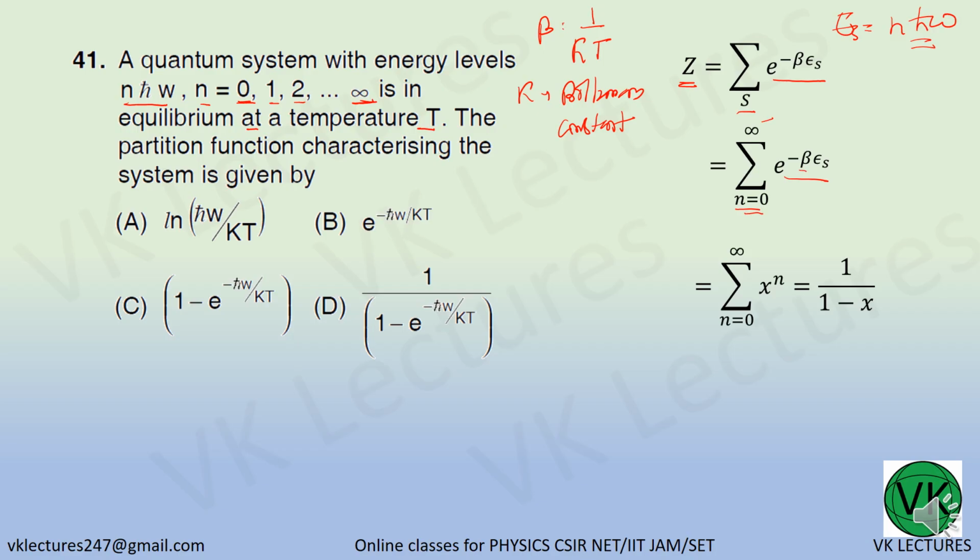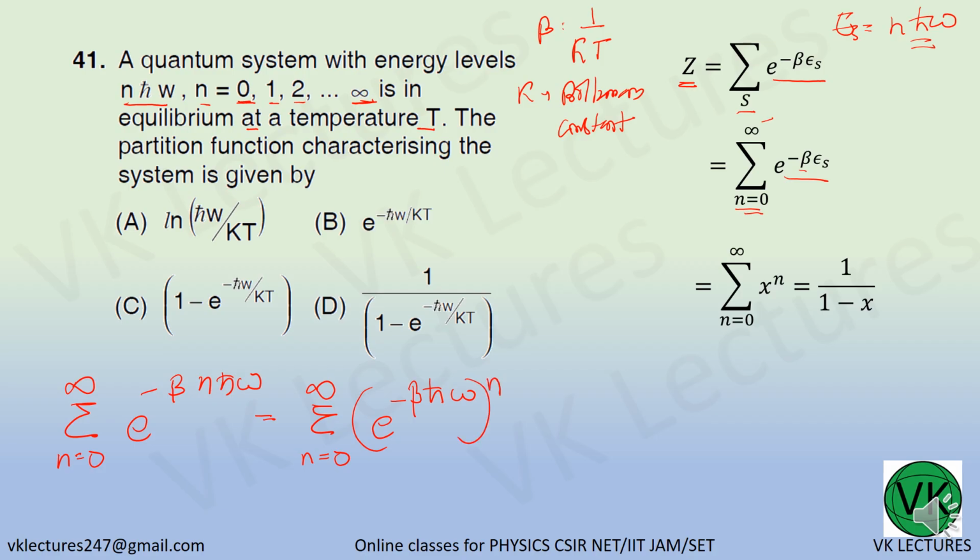What we are going to get is the sum over n equals 0 to infinity of e power minus beta Es, where Es is nothing but n h cross omega. Now we can rewrite it as the sum over n equals 0 to infinity of e power minus beta h cross omega, whole power n.